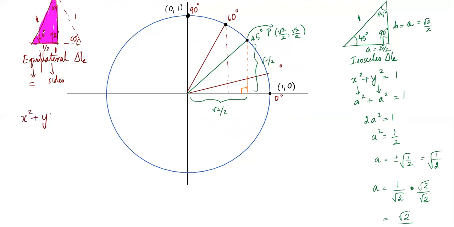equation, squared equals 1, well, we see that the sides, right, will have to be twice. The side opposite 30 degrees must be half of the entire side.